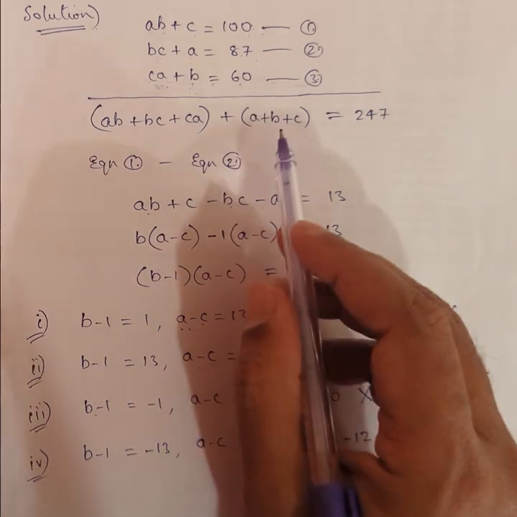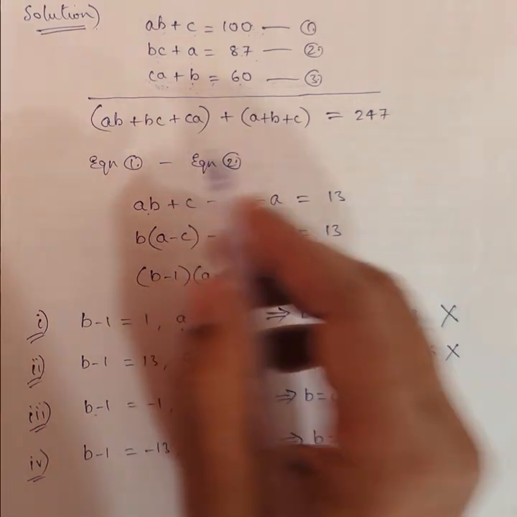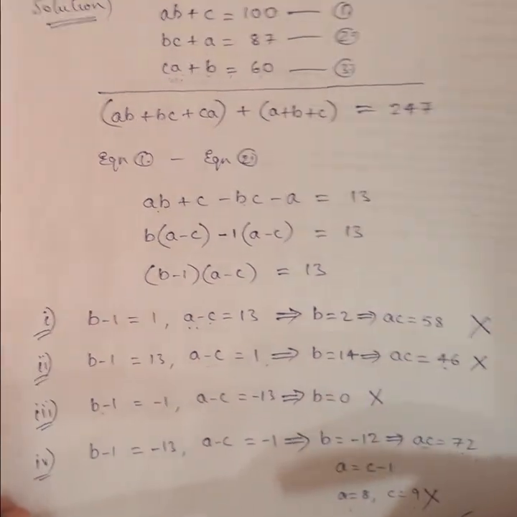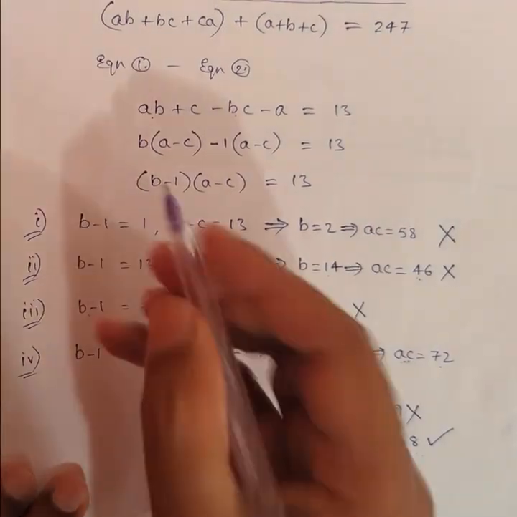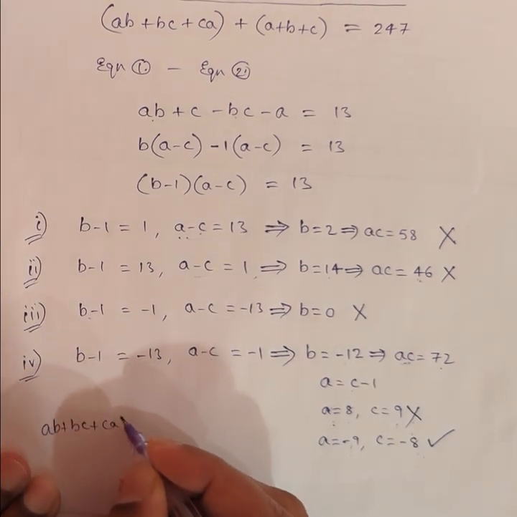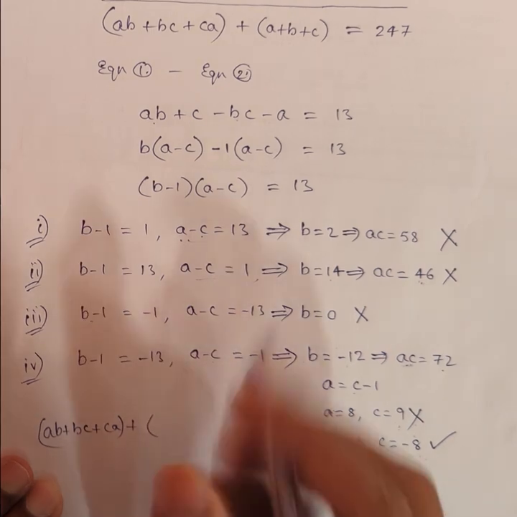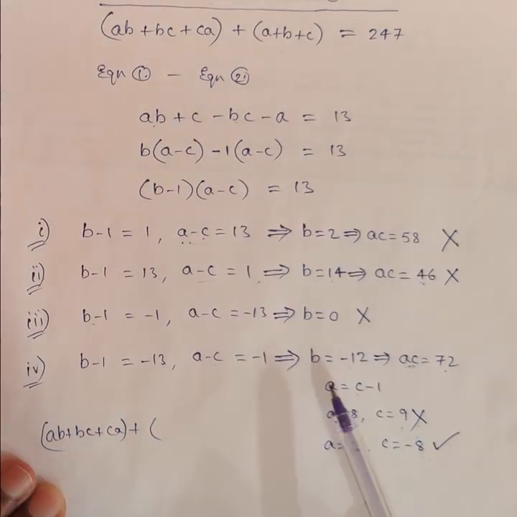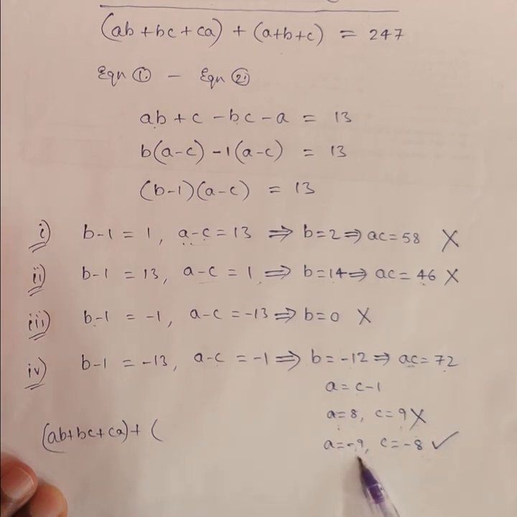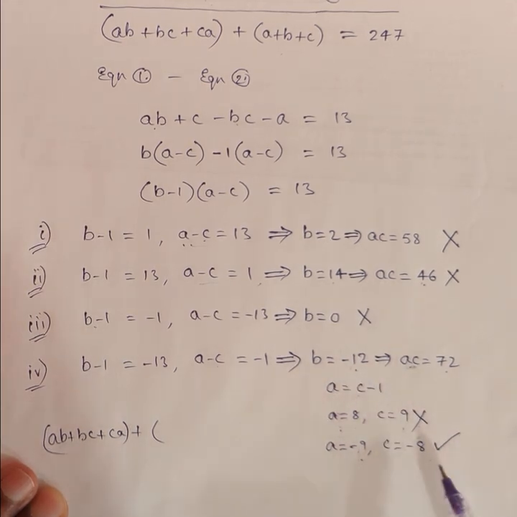So now what is a plus b plus c? Let me write this down. ab plus bc plus ca plus a plus b plus c equals 247. a was negative 9, b is negative 12, c is negative 8.